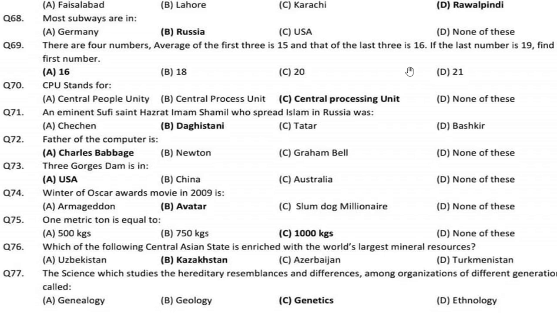Which of the following Central Asian states is enriched with the world's largest mineral resources? Option B, Kazakhstan. The science which studies the hereditary resemblance and differences among organisms of different generations is called option C, genetics.